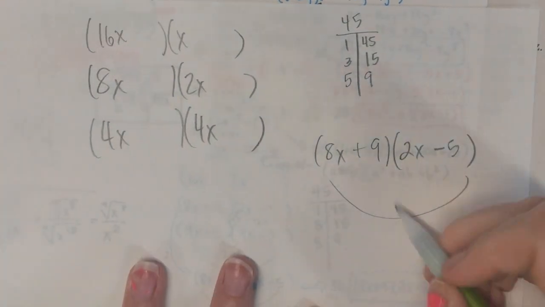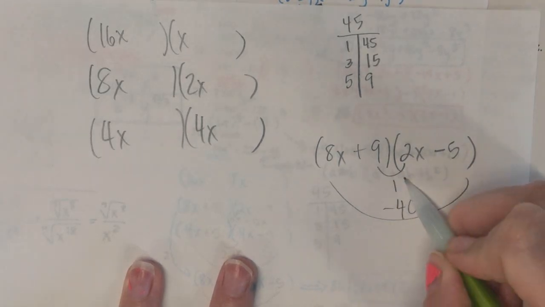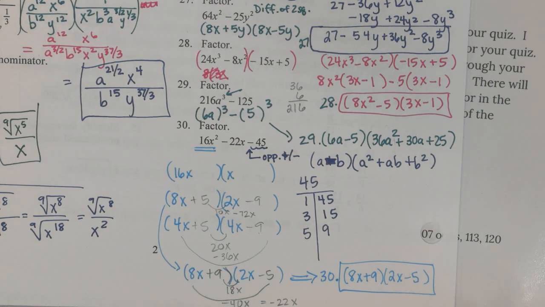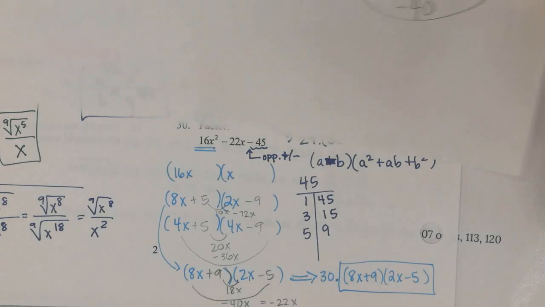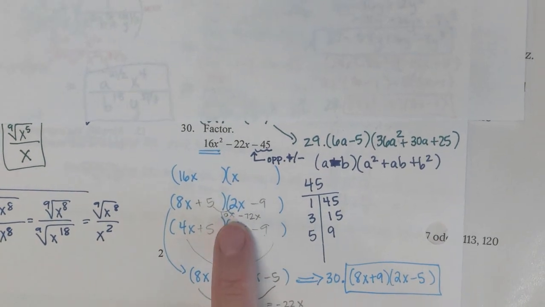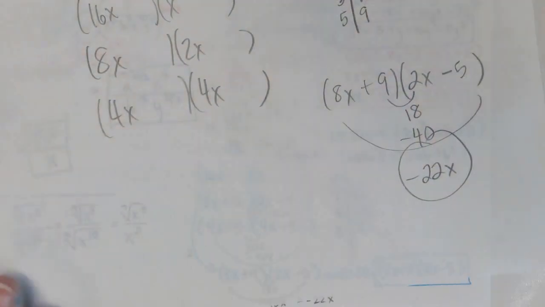So here I have negative 40. Here I have positive 18. That's actually going to be it, isn't it? Yeah. I should have looked at this. I tried some other ones first. So once you add them up, just make sure that they go to that negative 22x.